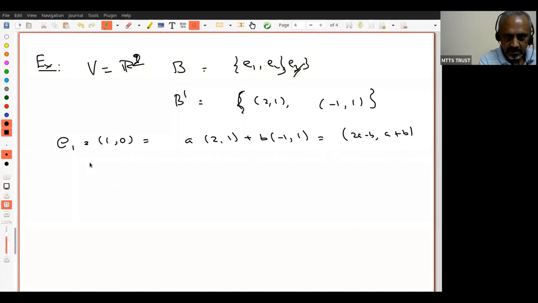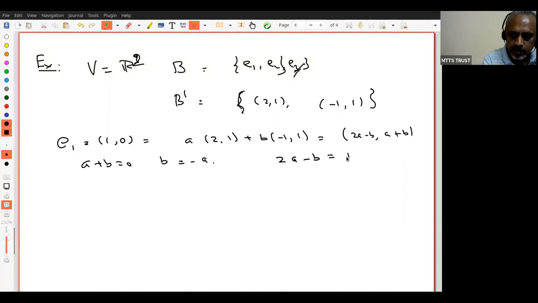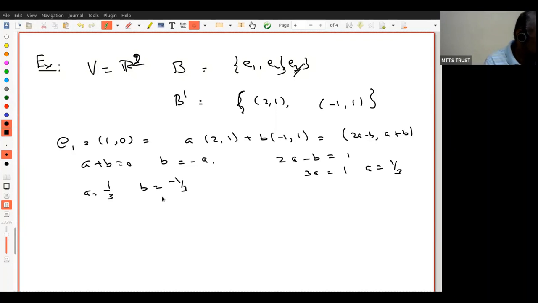So this says A plus B equals 0, or B equals minus A. Now the next one says 2A minus B must be equal to 1, but minus B is A, therefore 3A equals 1, that means A equals 1 by 3. Since A equals 1 by 3, B equals minus A, which is minus 1 by 3. You understood that? Okay.